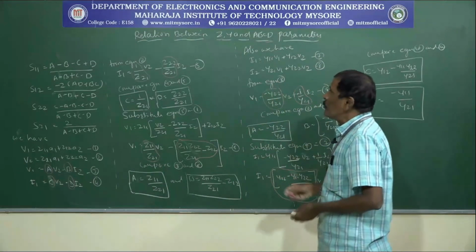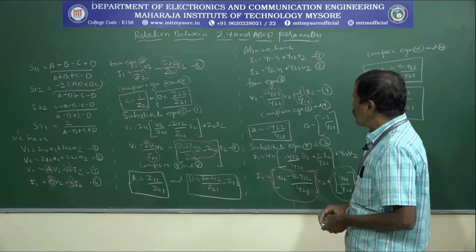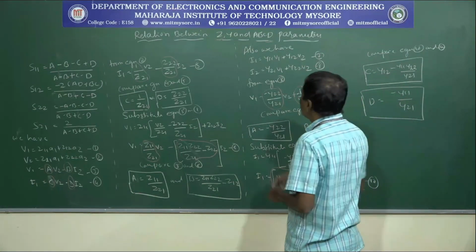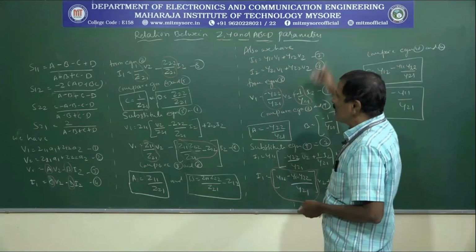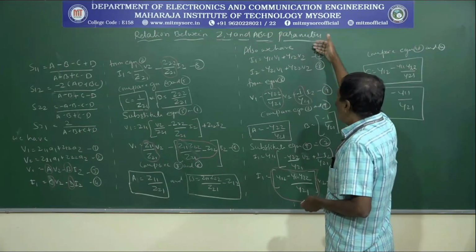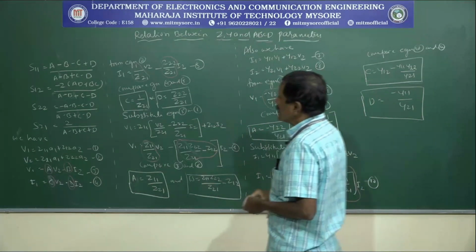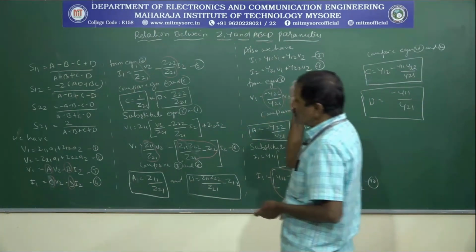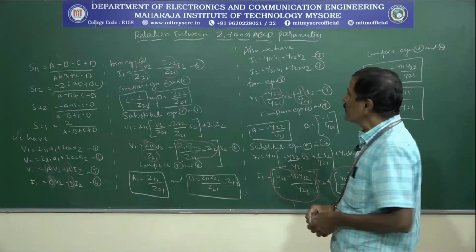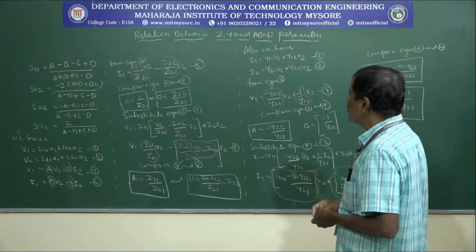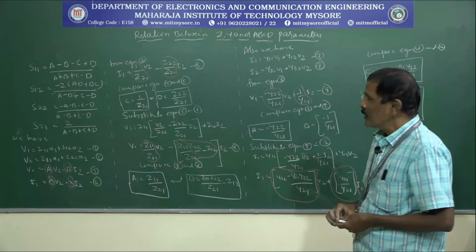So this is how you can show the relation between Z, Y and ABCD parameters, and we can get these relations by comparing the different values, once the Z parameters with the ABCD parameters and once the Y parameters with the ABCD parameters.